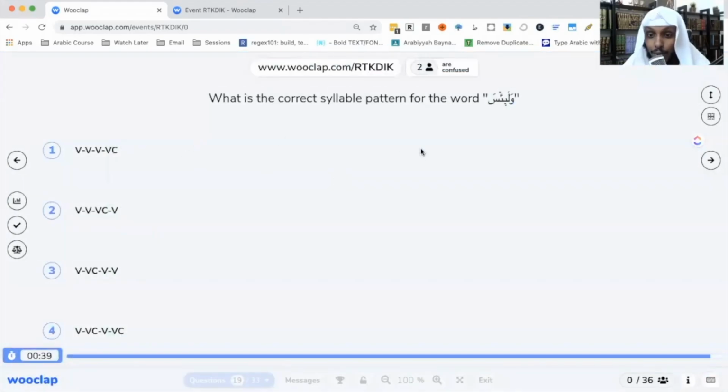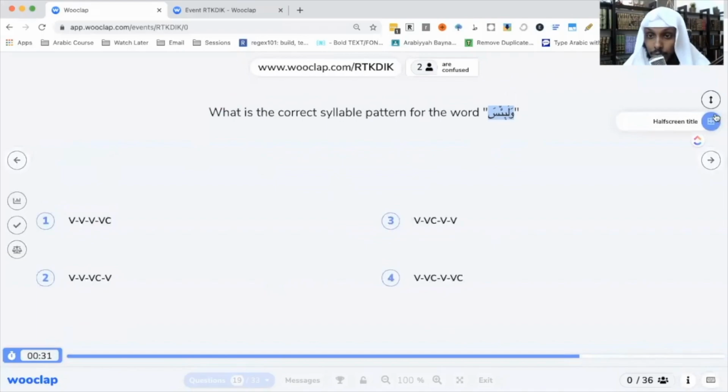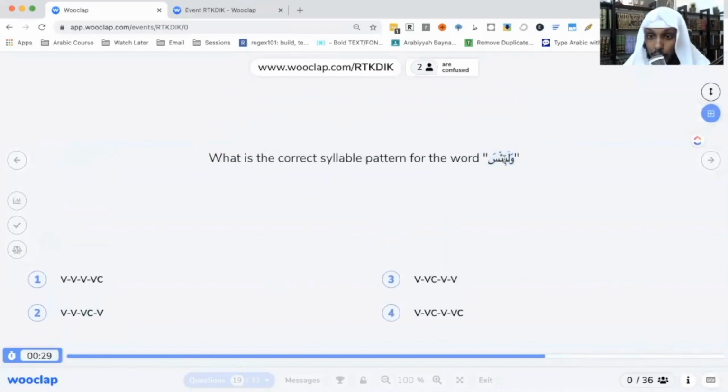So here you have, for example, this word, wala bi'sa. I'm not sure if you can really see it properly. I didn't add it as a picture here. So this word has one of these patterns. If we look at it, we have wa, that's the vowel. No consonant after it.